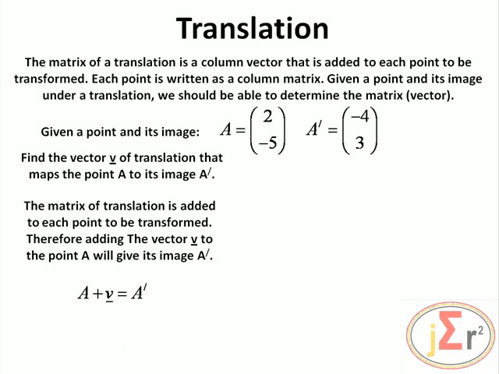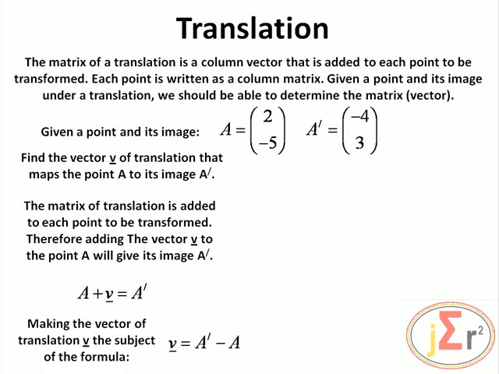So, our matrix of a translation is a column vector that is added to the point that we are going to be transforming. So A is the original, we add the vector V, and the result is A prime. So how do we find the vector V? Making the vector of translation V the subject of the formula, and of course remember we did an entire topic, transposition of formulae.